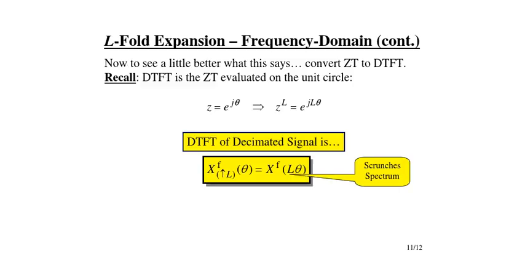Now we can see this thing in DTFT also. Just replace z equals e to the power j theta. So z to the power L will be e to the power jL theta. So you can see that the DTFT of this will be the interpolated signal. So you just change the index by L theta.